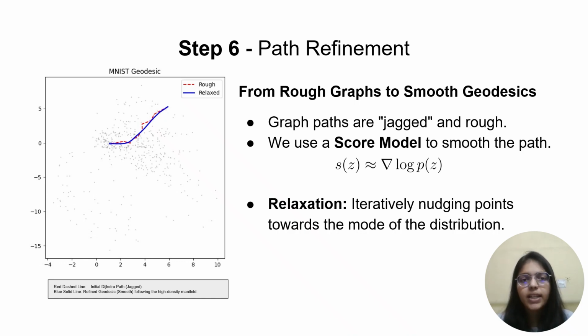The blue solid line is our refined geodesic, which is a smooth curve that has been pulled and relaxed to accurately follow the high-density manifold of the MNIST data. This smooth density-aware curve is the distance metric that we use to calculate superior performance in local retrieval tasks. Next, we shall show and explain the experimental results.